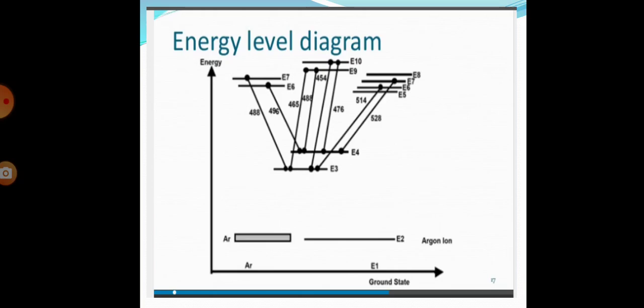The blue color is in the range of 0.488 micrometer and the green color is 0.5145 micrometer. Argon ions also emit in the spectrum of 0.3511 micrometer to 0.3638 micrometer.